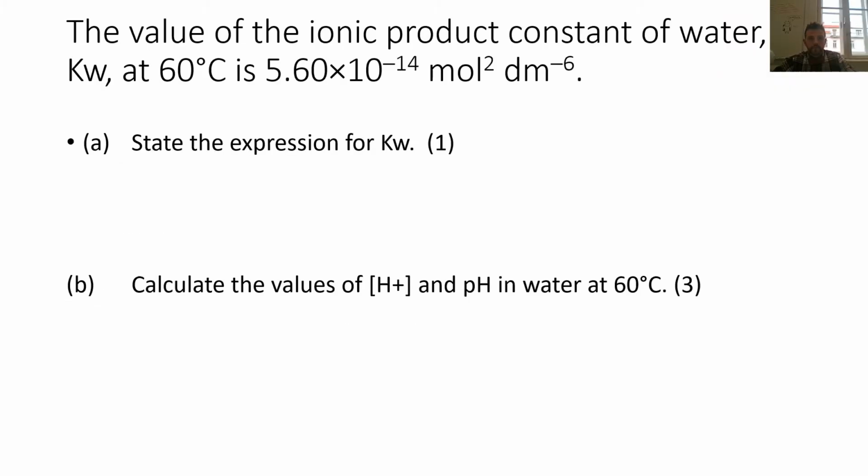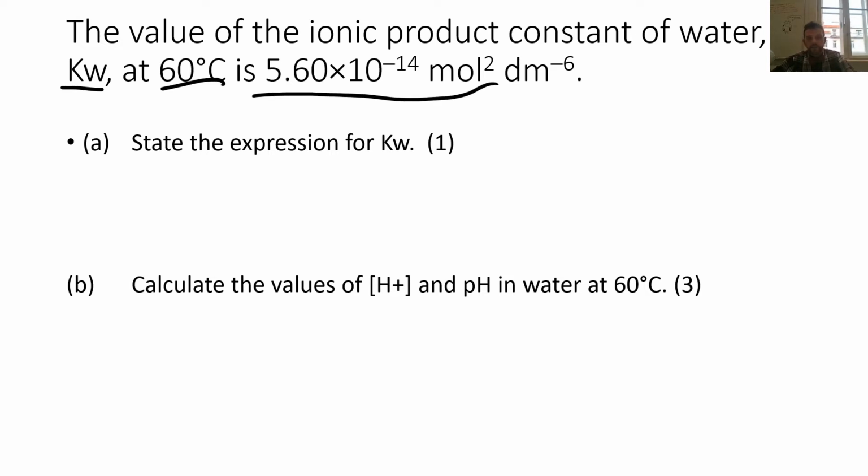Paper 2. Okay, so I know you can't read this, don't panic. I just wanted to show you how long it was going to be to start. So this looks like it's going to be a 3-part question, A, B, and C. So now, here's part A of it all. The value of the ionic product constant of water, Kw, super nice to know that's what they're talking about, at 60 degrees is this.